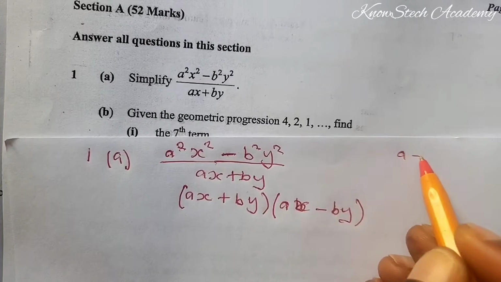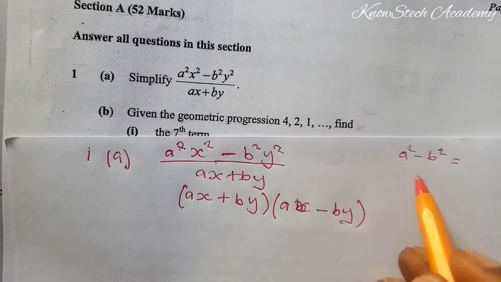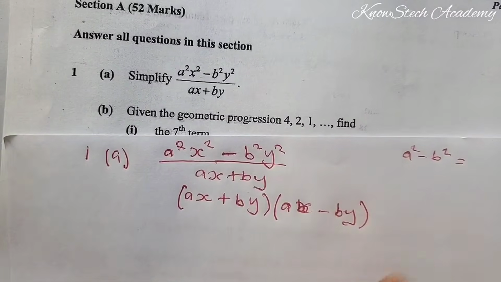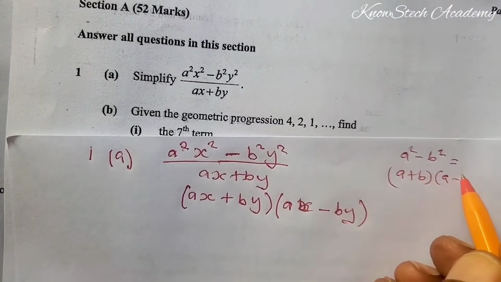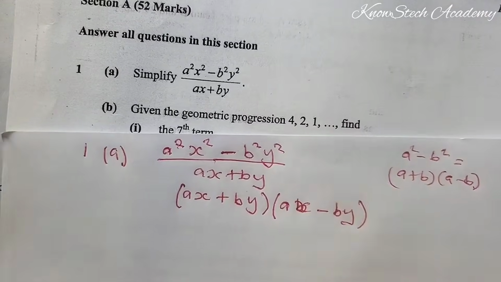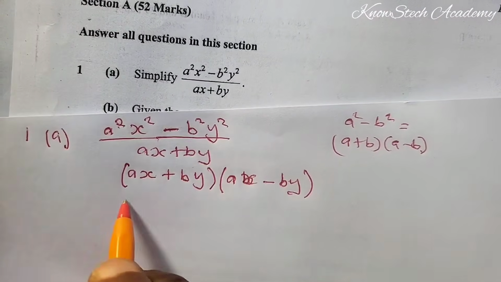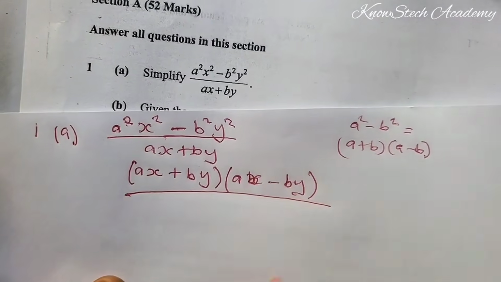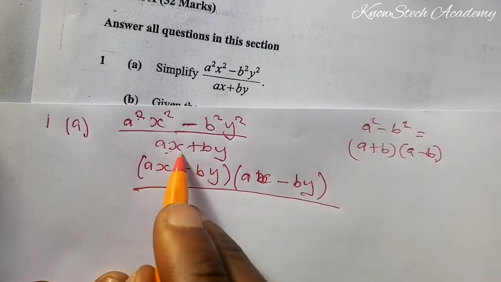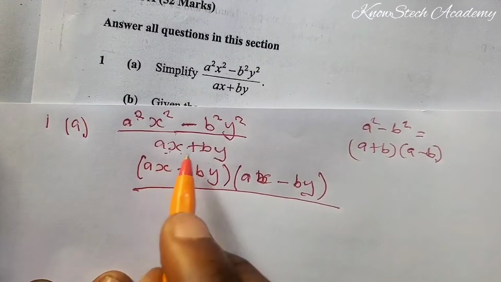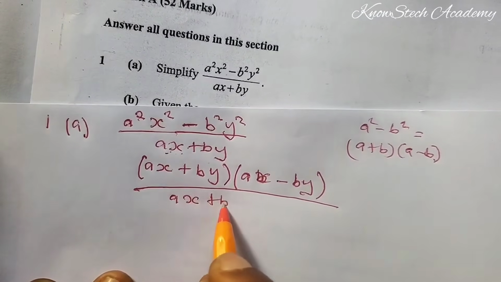If you have a squared minus b squared, this can also be written as a plus b, a minus b. This is the same way we've done here, the whole of it over ax plus by. On the denominator we don't have anything common to factor, so it stays as ax plus by.